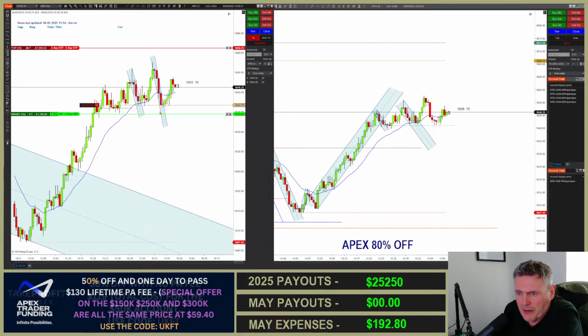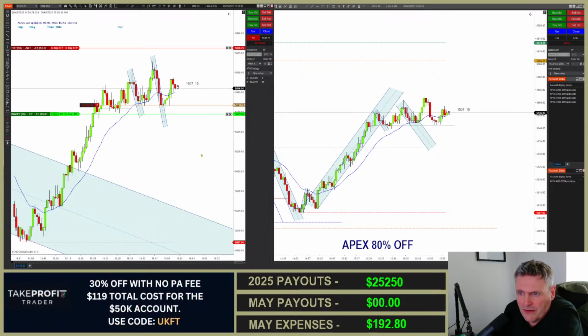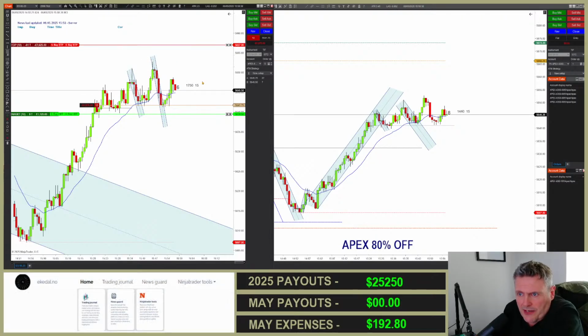Just need it to break below here. It should do. See, if I put it there, count's blown anyway.